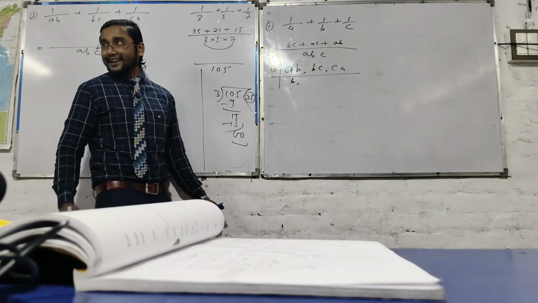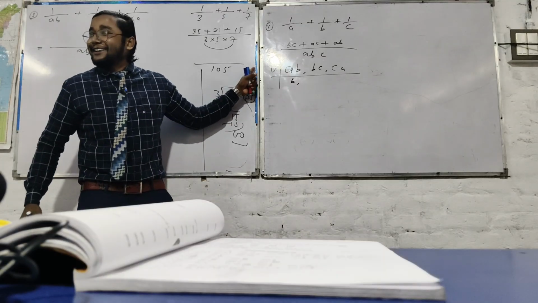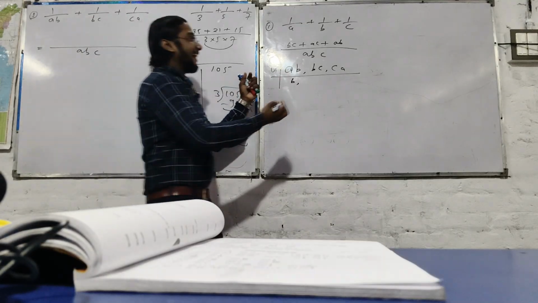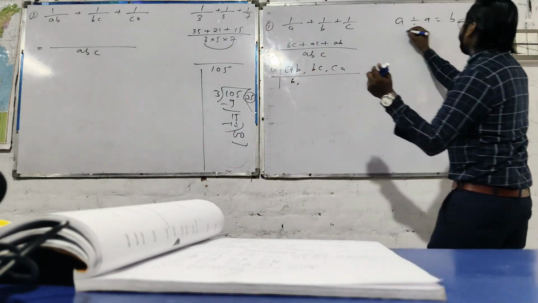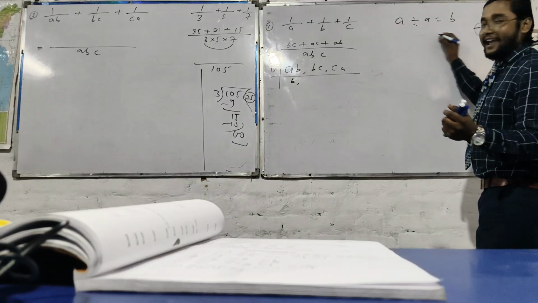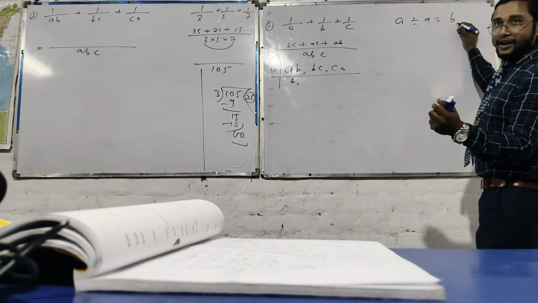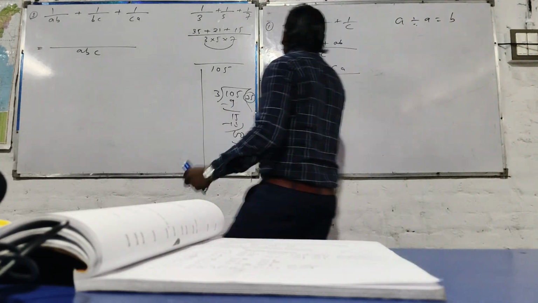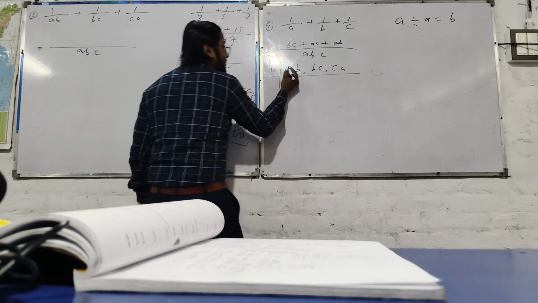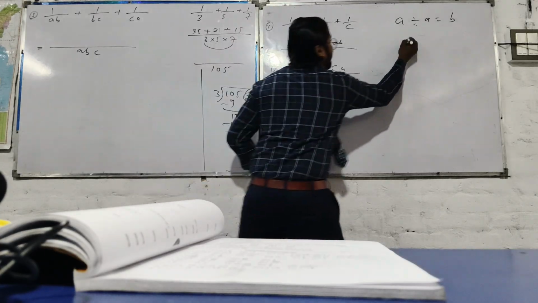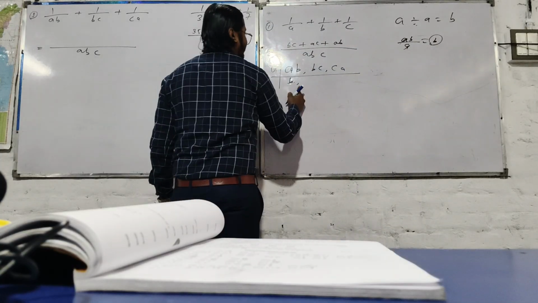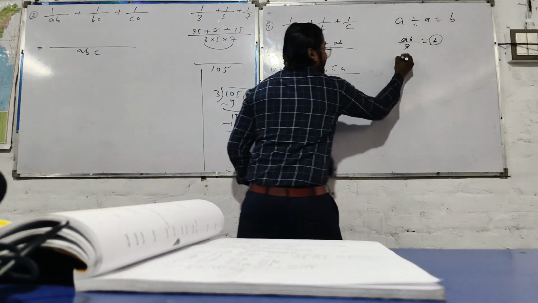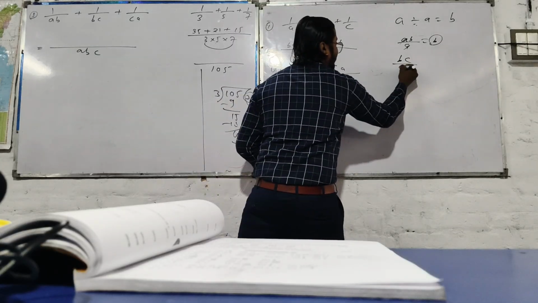You will get B. A divided by A will be cancelled, you will get B. Now what is BC divided by A?